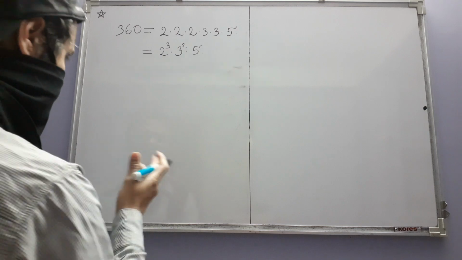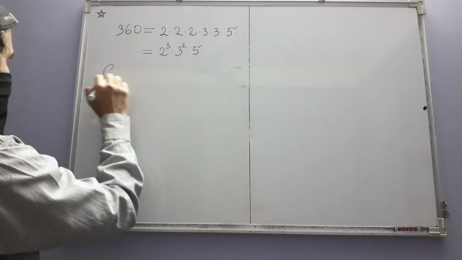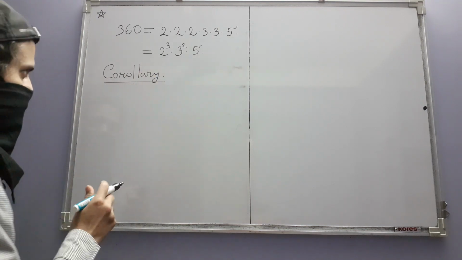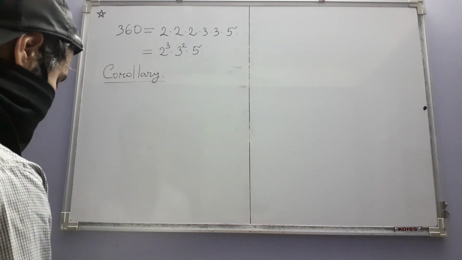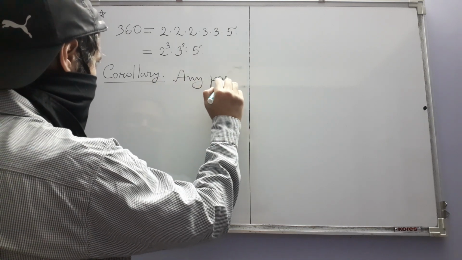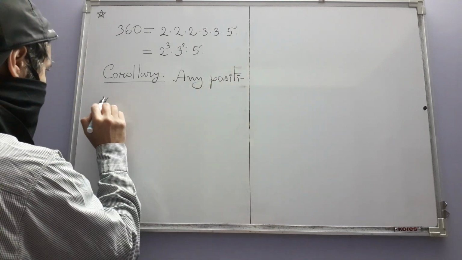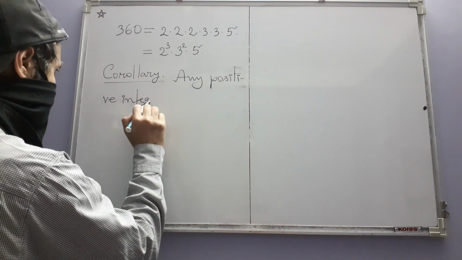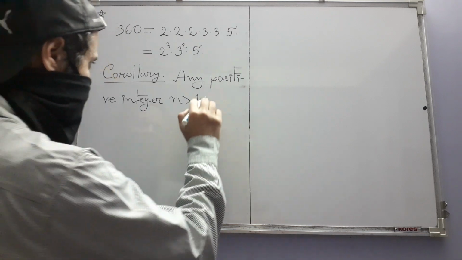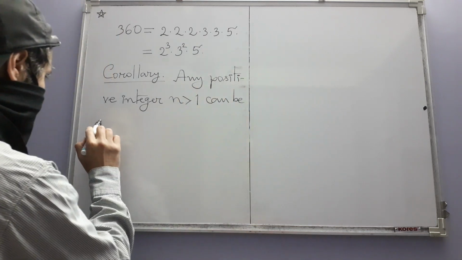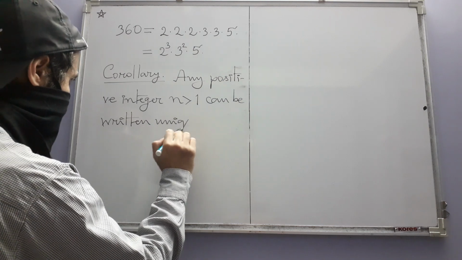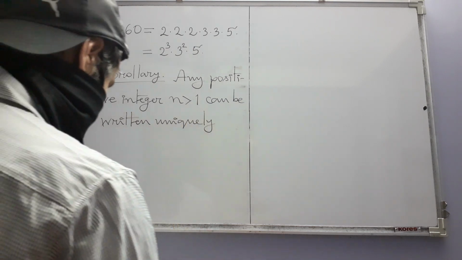And this gives rise to this next corollary, which is simply another way of stating the fundamental theorem of arithmetic, and it's naturally this: any positive integer n greater than 1 can be written uniquely as a product of primes.